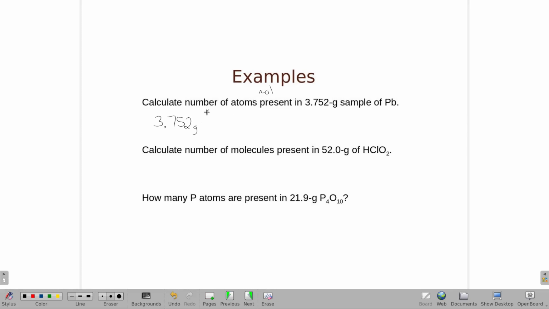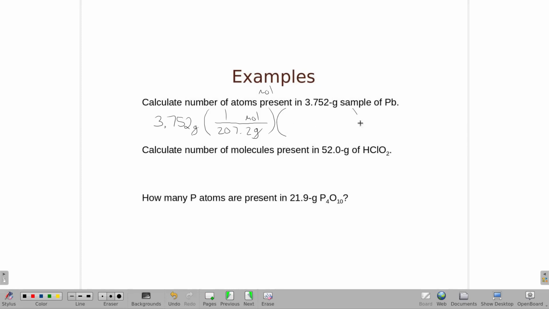So I need to first turn my 3.752 grams into moles. I'm going to do that with the molecular weight. But if you notice, these are upside down compared to what we did before. So I'm just essentially going to flip it upside down. So I'm going to get my molecular weight of lead, which is 207.2, but I have it upside down so the units cancel.